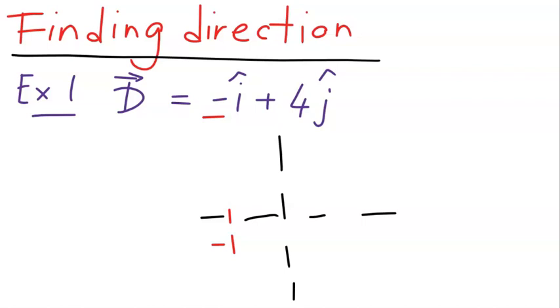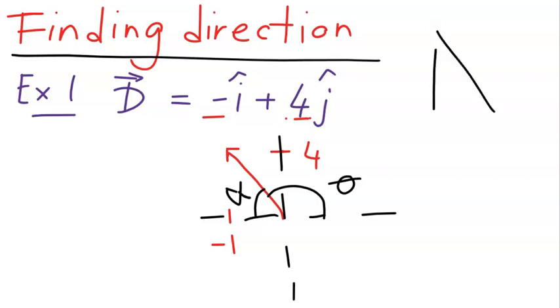The y component is 4, positive 4, like that. So that means vector d goes like that. So the direction for vector d is given by that angle theta. Now before we calculate that theta, we have to figure out this alpha, the acute angle alpha.